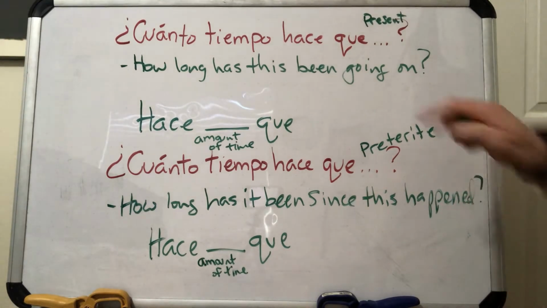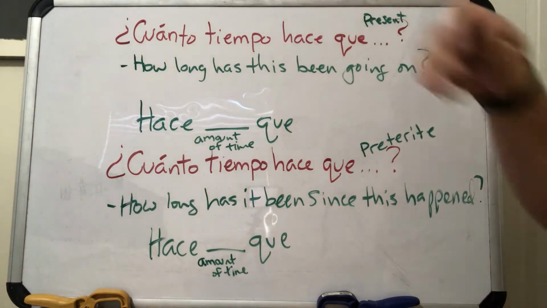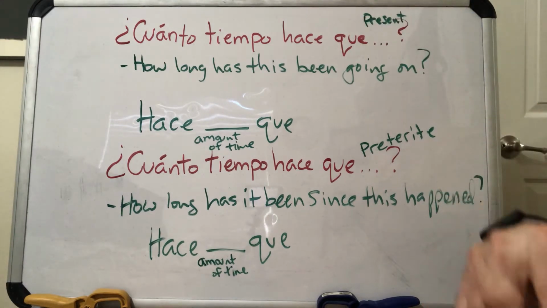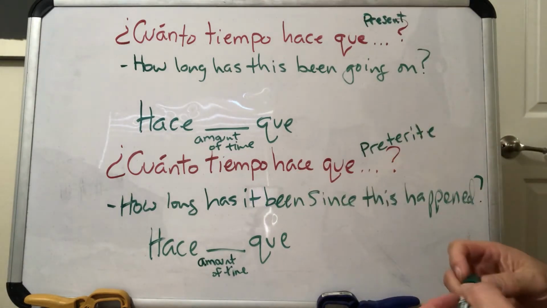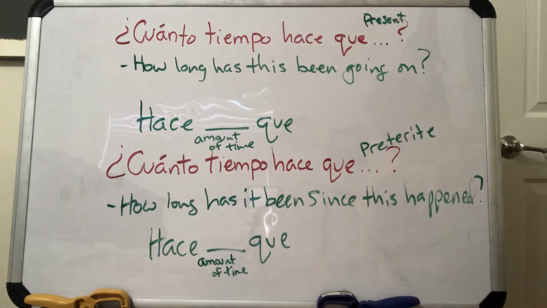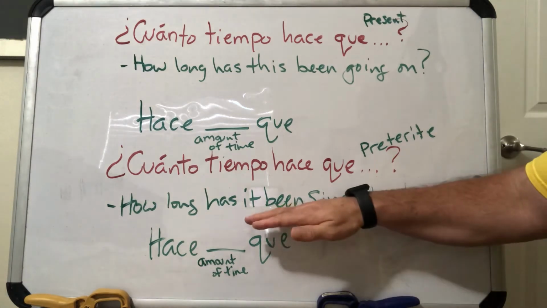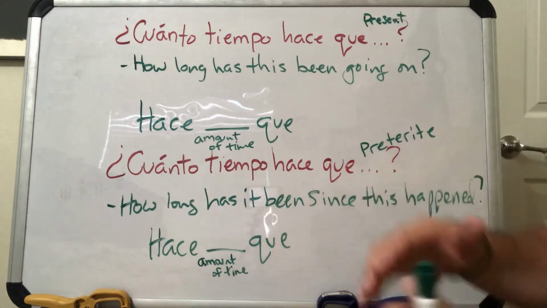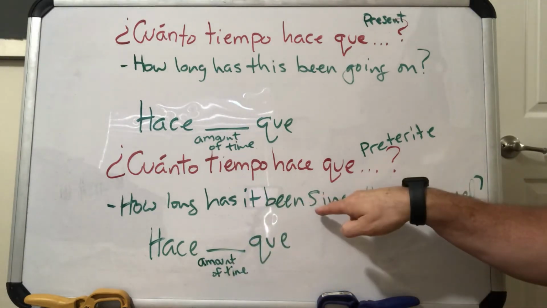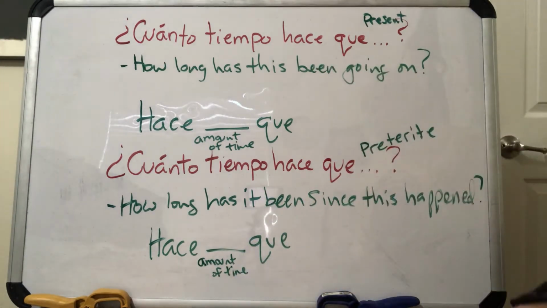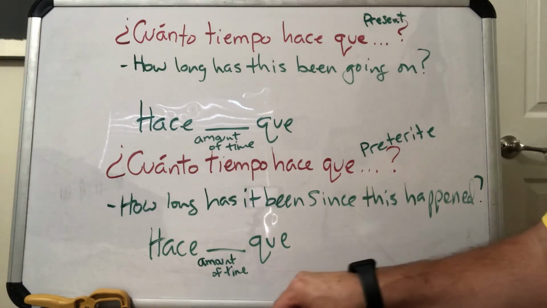Up here, whatever we're asking about is happening right now, and we want to know how long it's been going on. Here, we could ask somebody how long ago they were in school, because they're not in school now. So this is asking about things that aren't happening now, and you're trying to figure out how much time has passed since it happened. And up here, it's something that's still going on, and we're trying to figure out how long it's been going on.